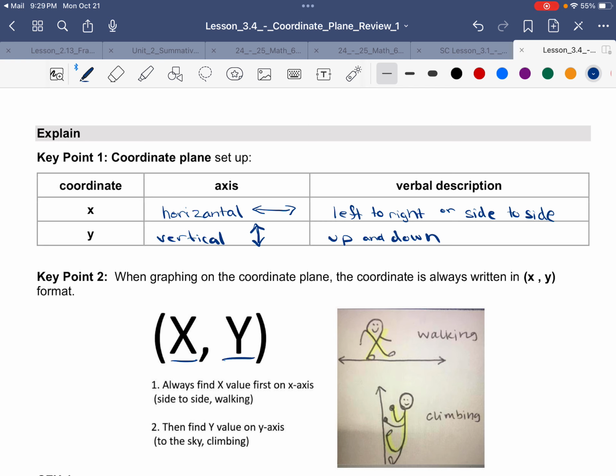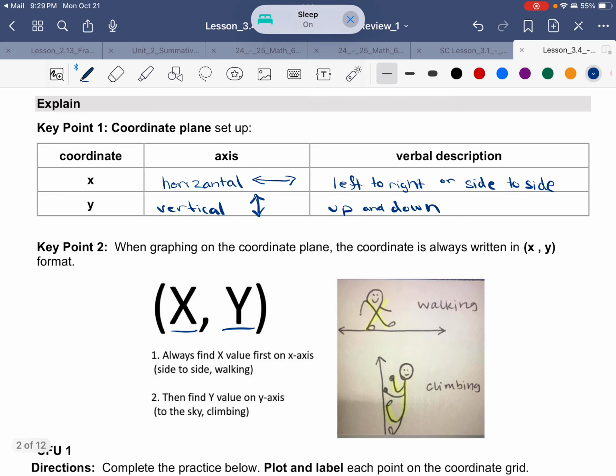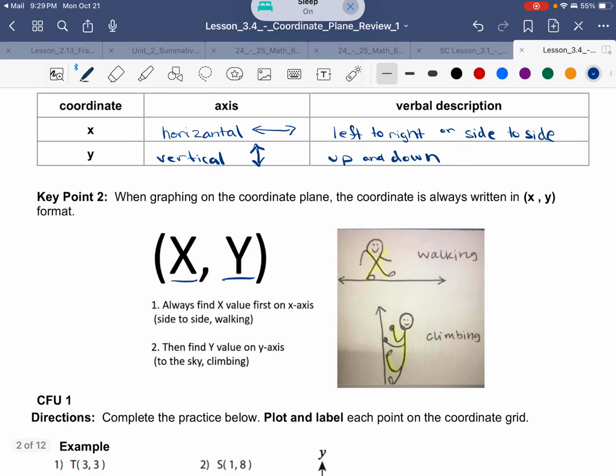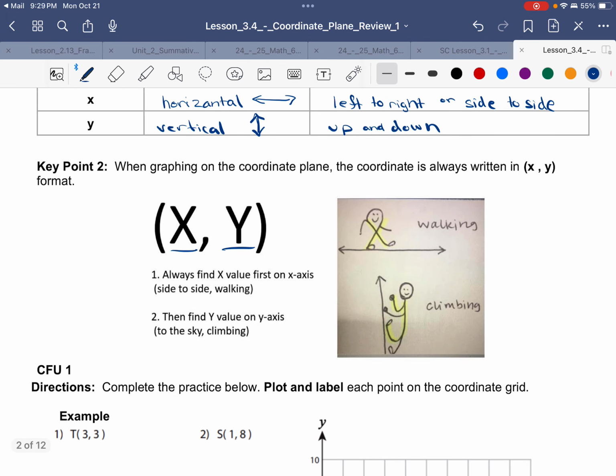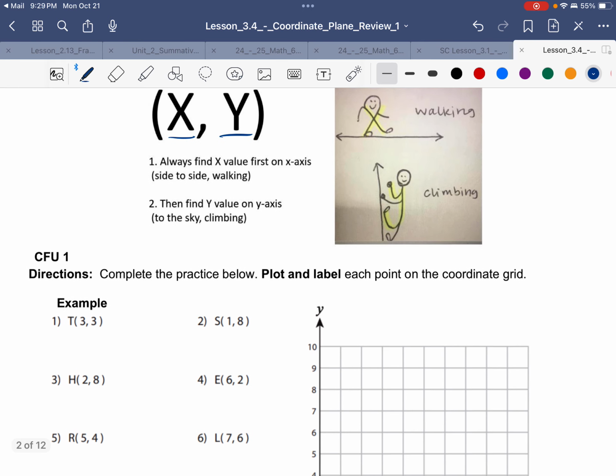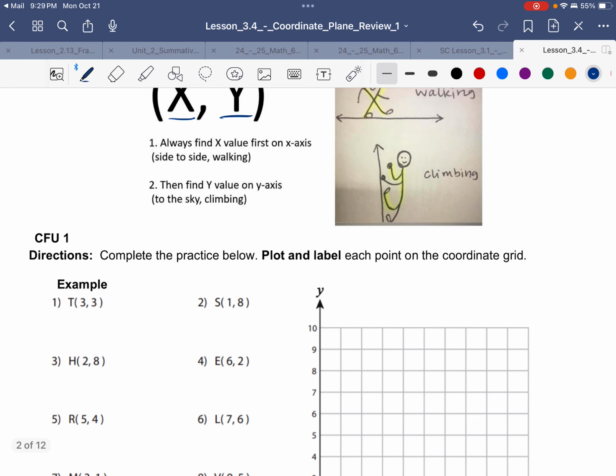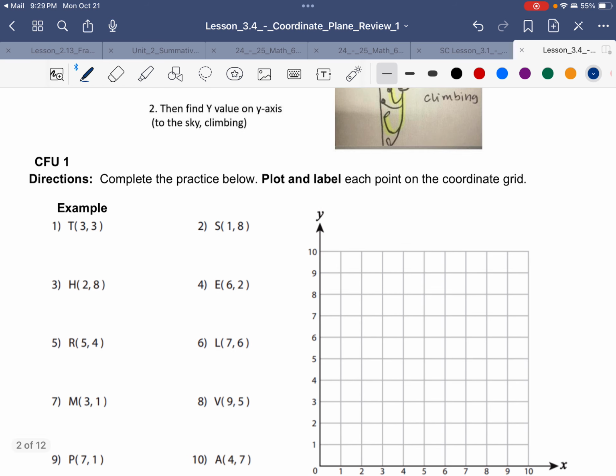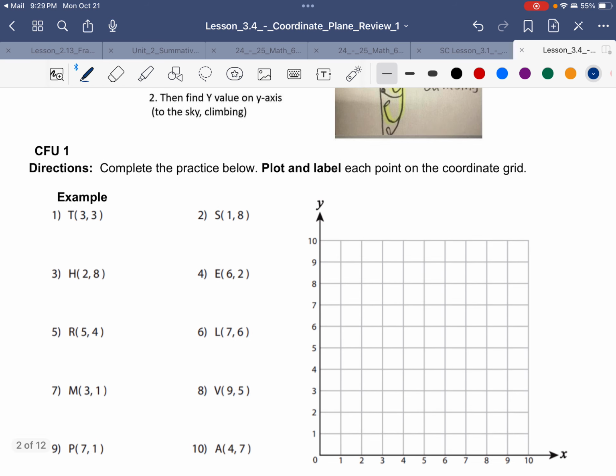You always find the X value first on the X axis by walking side to side, and then you use the Y to climb, going up and down on your axis, how high you're going to go. You won't go negative or down in this instance because we don't deal with negative numbers in sixth grade just yet. Not on the coordinate plane, I should say.